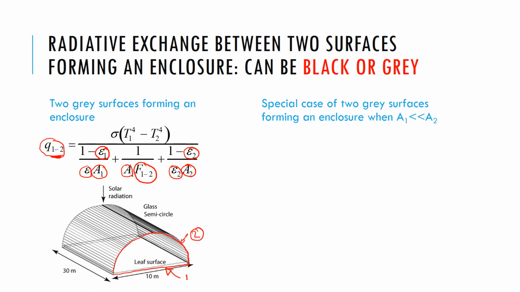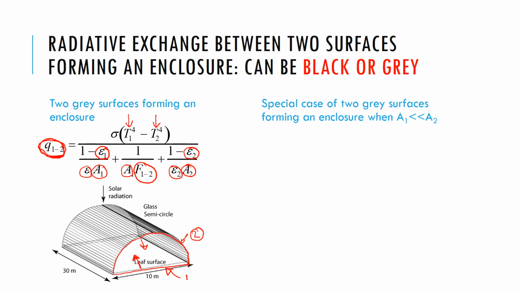Of course T1 is the temperature for surface 1 and T2 is the temperature for surface 2. To repeat, Q12 is the net amount going from 1 to 2. There's radiation going from 1 to 2 and coming from 2 to 1, but this is the net amount going from 1 to 2.